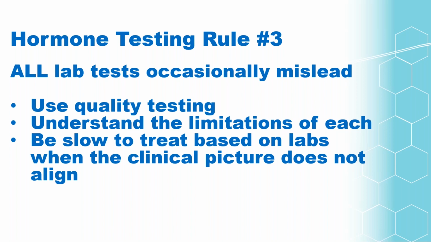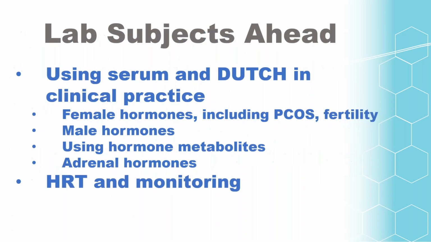So we want to be overlaying the clinical picture with the laboratory values, and sometimes the laboratory values will reshape our understanding of the clinical picture, but you also will find the occasional situation where there is a mismatch, and we want to move slowly in those situations and be in conversations with the laboratory to make sure that we're making the best decisions that we can.